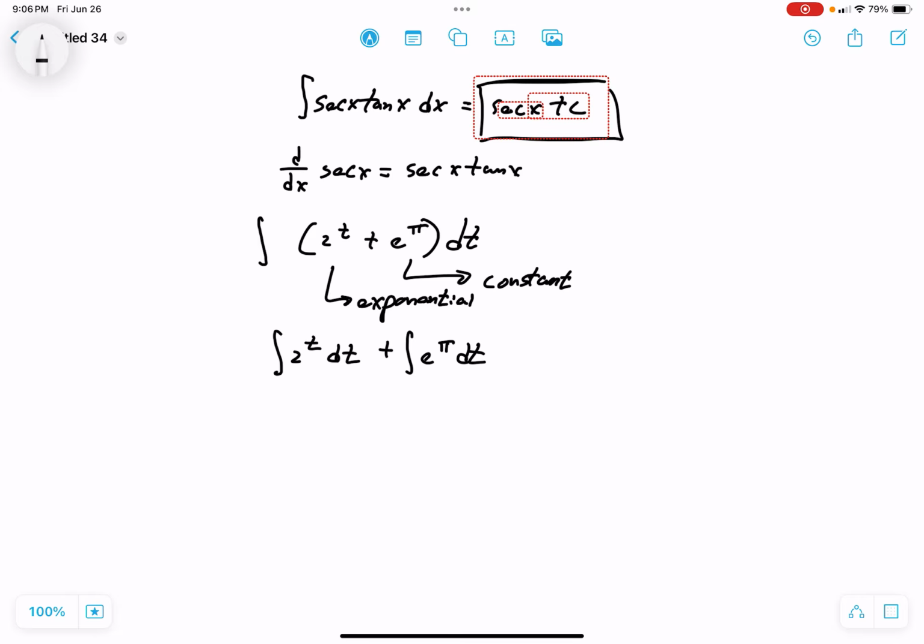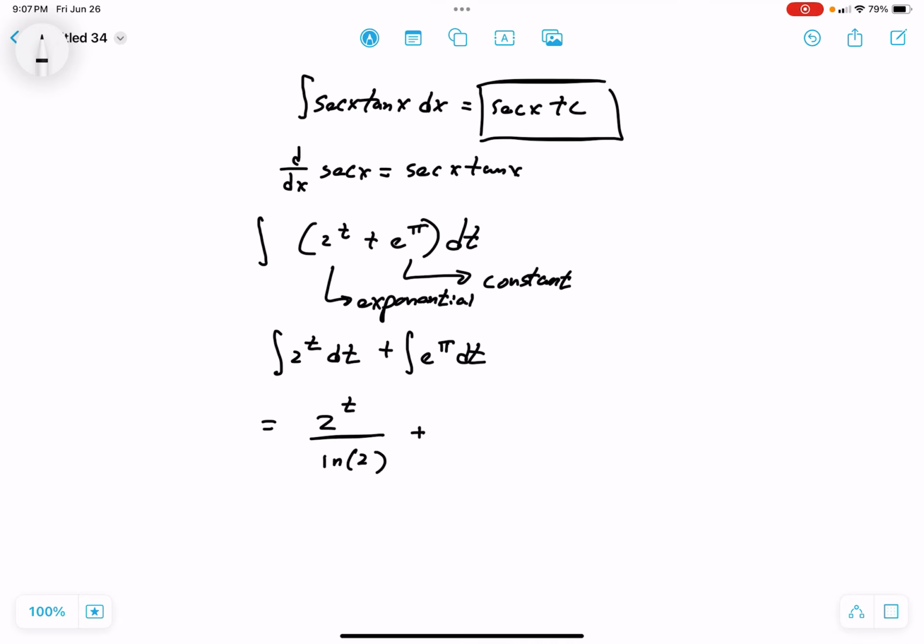We know that that is our common integral of a to the x, and we know that the integral of a to the x dx is equal to a to the x over ln a. So therefore, the integral of 2 to the t dt must be equal to 2 to the t over ln of 2.